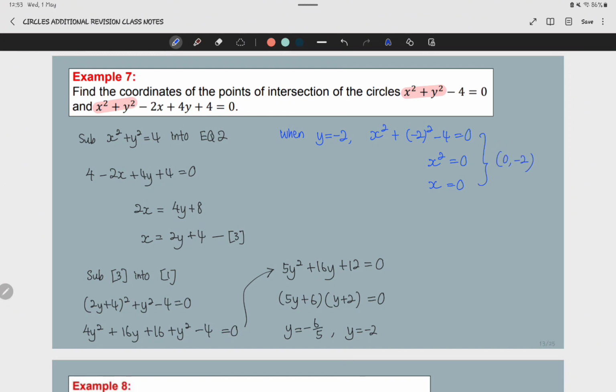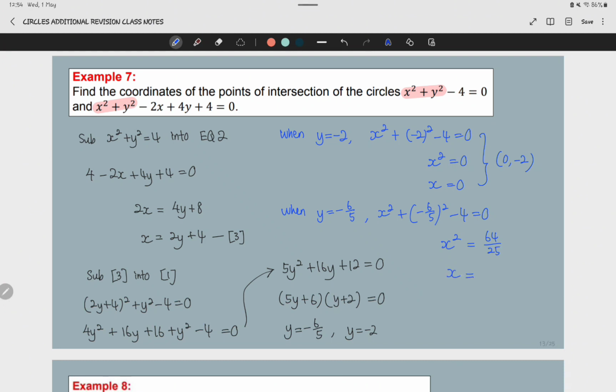Now another one when y equals negative 6 over 5. So x squared plus negative 6 over 5 squared minus 4 equals 0. So x squared becomes negative 6 over 5 squared minus 4, you get 64 over 25.